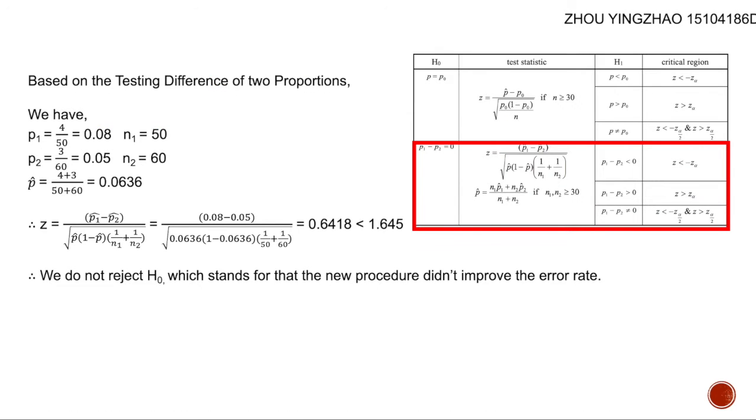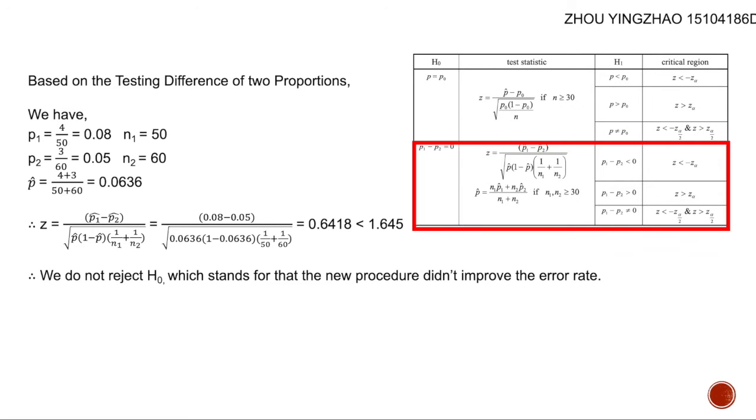Based on testing the difference of two proportions, we can use the formula here. P1 is 0.08, N1 is 50, P2 is 0.05, N2 is 60, and P hat, the overall proportion, is 0.0636.